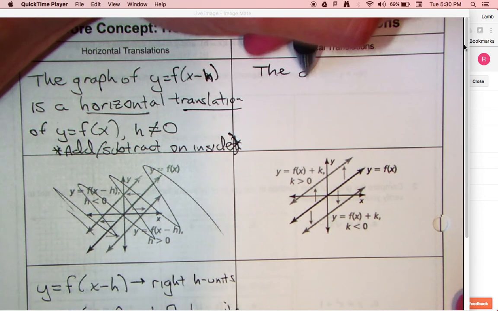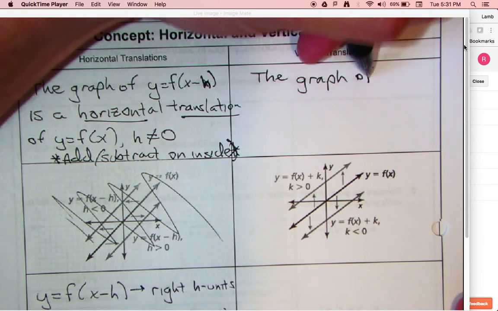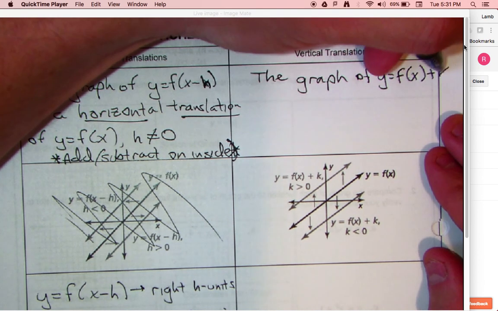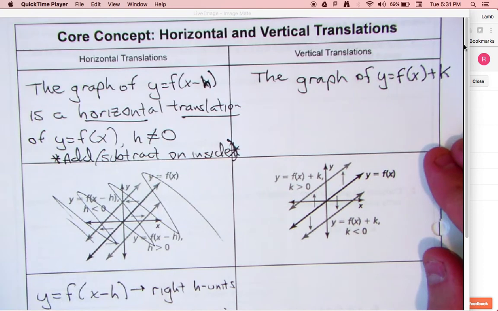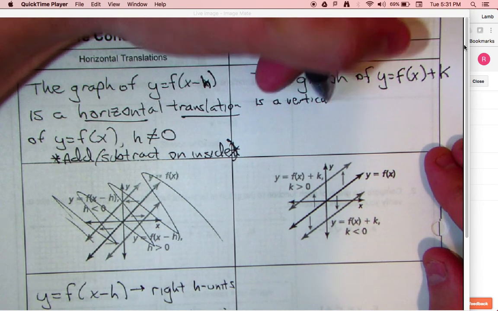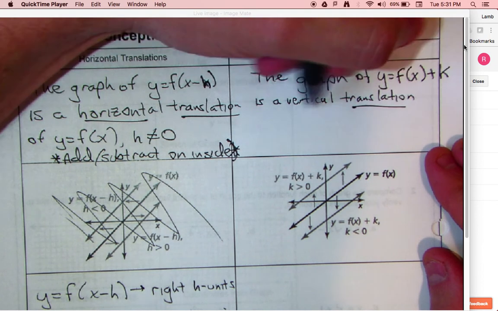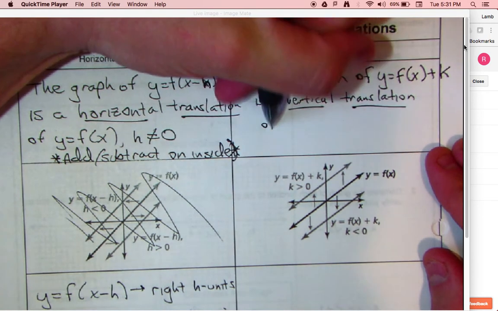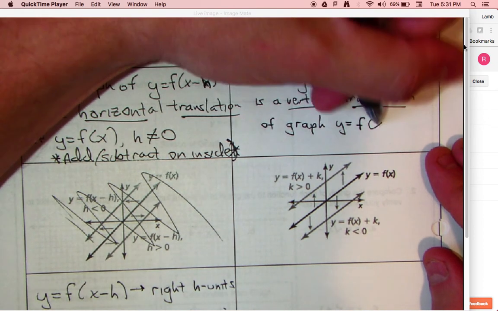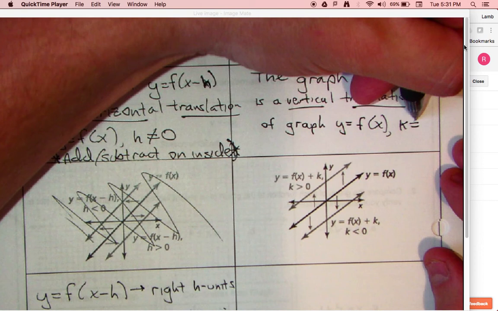The graph of y equals f of x plus k, f of x plus k, we say that is a vertical translation of the graph y equals f of x. And we have to say k cannot equal 0.